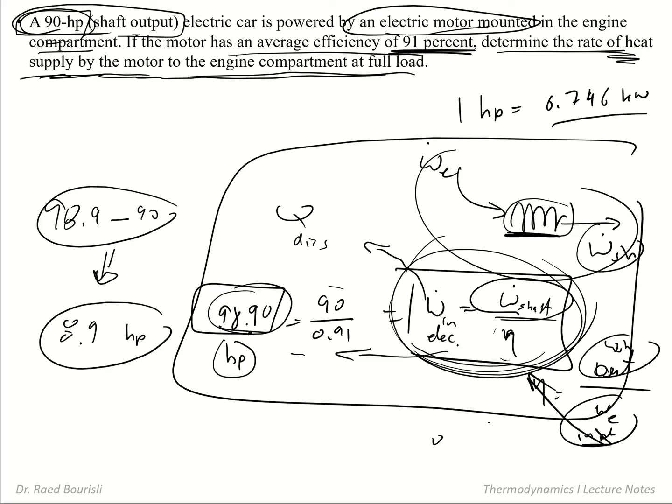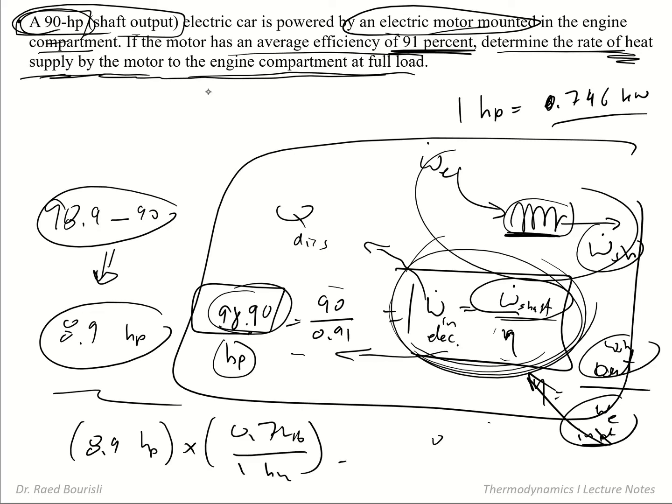If you multiply it by 0.746 kilowatt per 1 horsepower, this will be, I don't know, 6 point something kilowatt. So this is the heat supplied to the room due to inefficiencies, about 10% of the power generation.